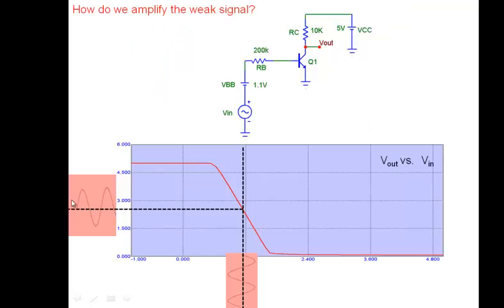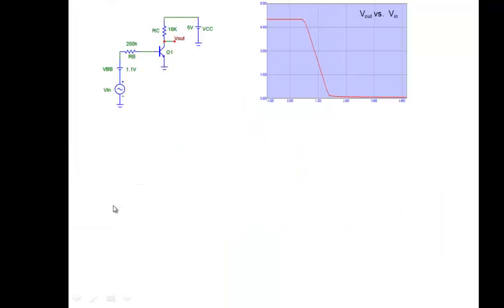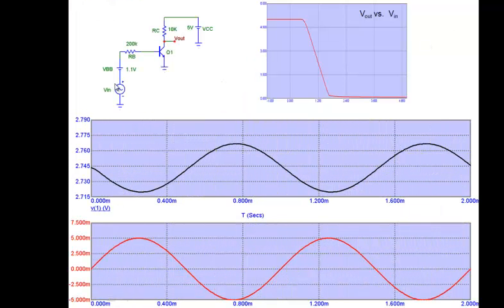And on top of DC, there is this AC which is riding, right? So that's what you find here. When you don't apply any input voltage here, then of course you get a DC here, and the DC is 2.745. And in addition to that, now we have a sinusoid.